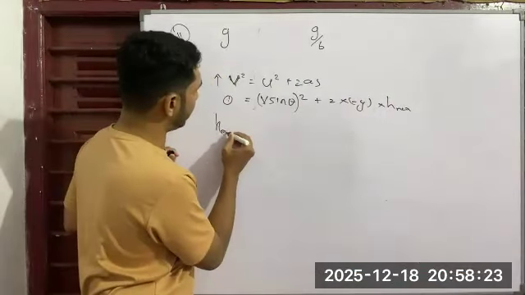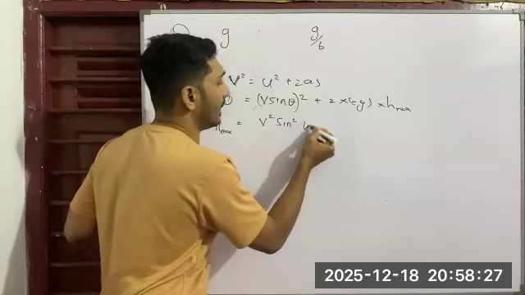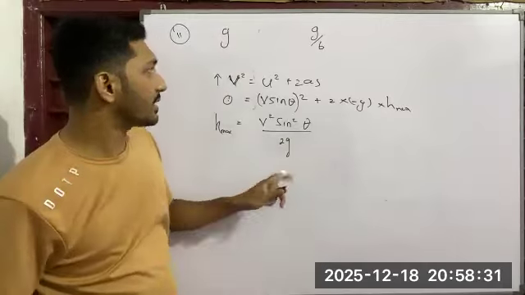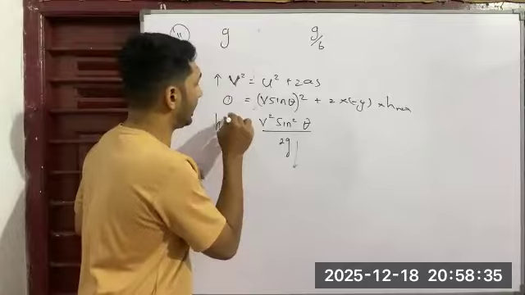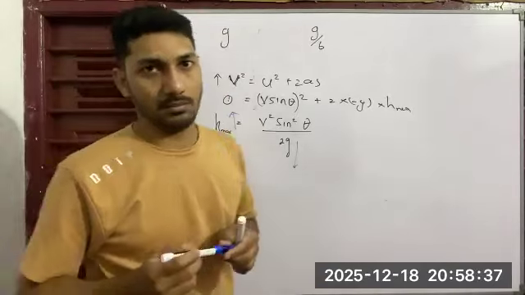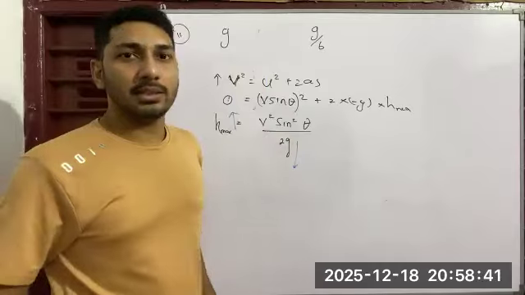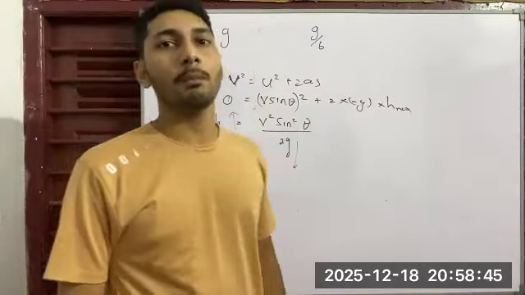So h maximum is equal to v squared sin squared theta divided by 2g. So when g is smaller, the height is bigger. So the maximum vertical height will be greater for the Moon compared to Earth.